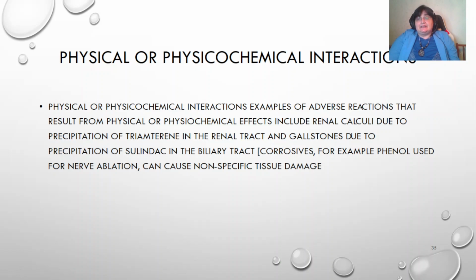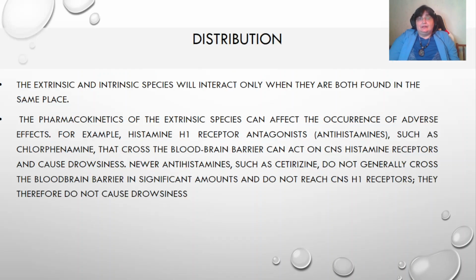Examples of adverse reactions that result from physical-chemical effects include renal calculi due to precipitation of triamterene in the renal tract, and gallstones due to precipitation of sulindac in the biliary tract. Corrosives, for example, phenol used for nerve ablation, can cause nonspecific tissue damage.